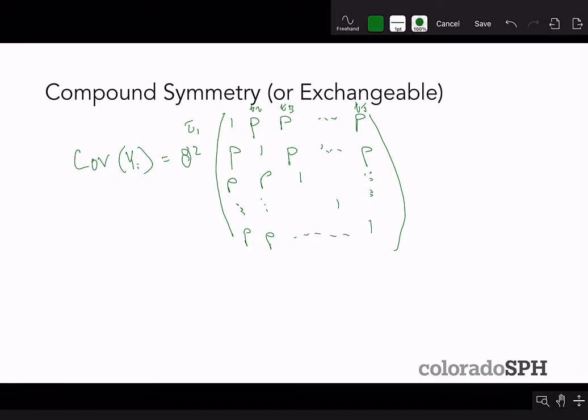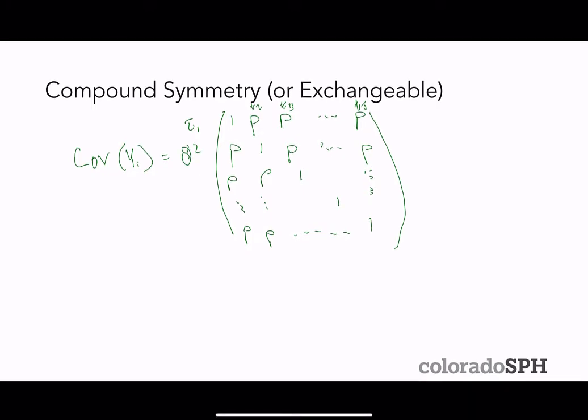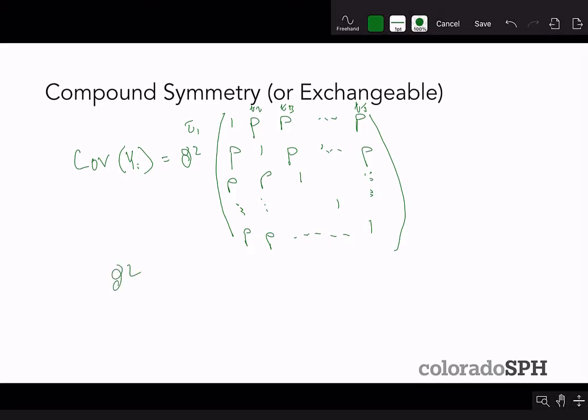So that's what the compound symmetry or exchangeable correlation structure looks like. And when I say we only have to estimate two parameters, we have sigma squared, the variance, and then rho, this correlation that's the same at each time point.